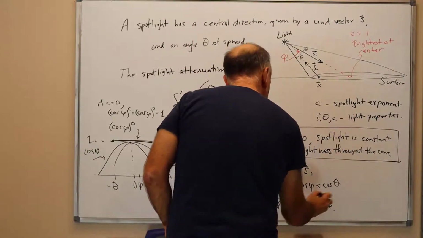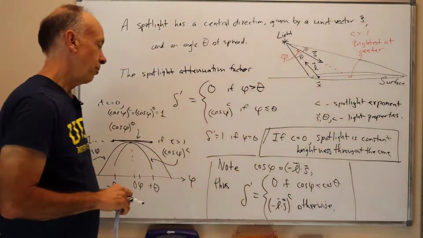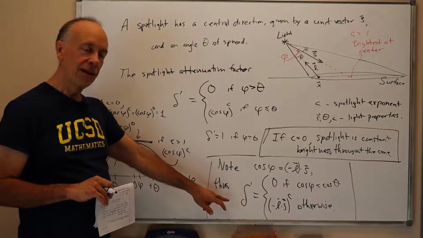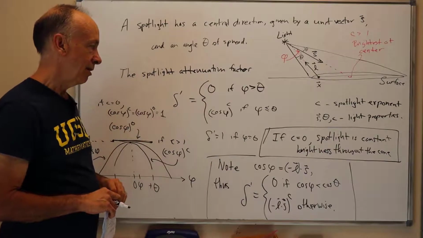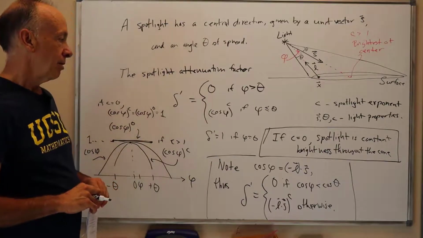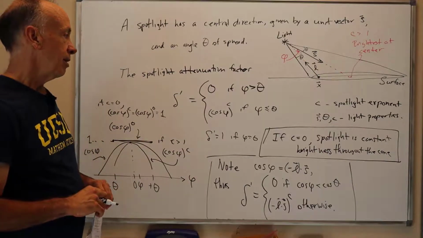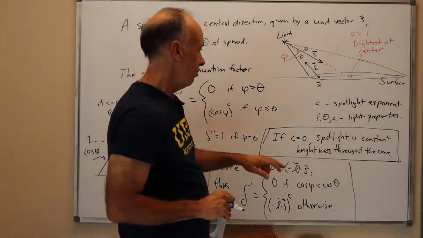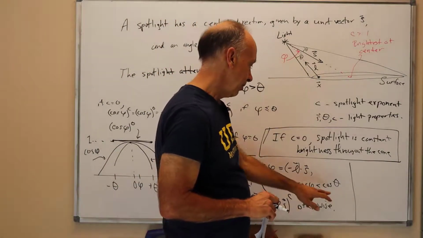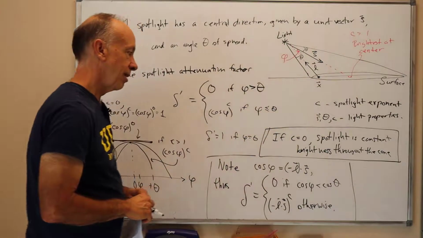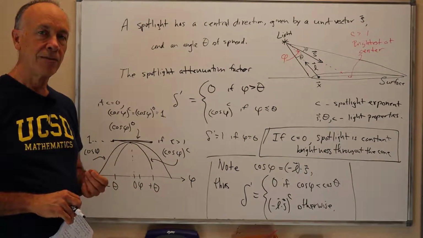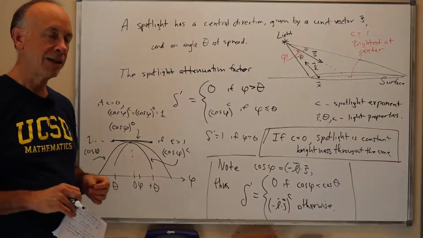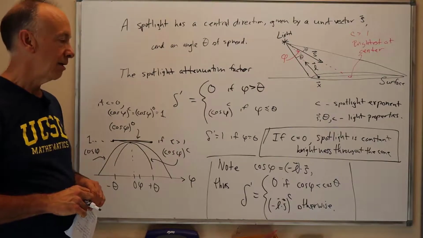This is the usual formula used for the spotlight attenuation factor delta prime, because we can do it with dot products instead of having to use trig functions. In this case, we don't need to know the value theta at any time in the computation. We just need to know the value cosine of theta. So it's common sometimes to take cosine theta as the light property instead of theta. But of course, they're interchangeable, since you can get one from the other.